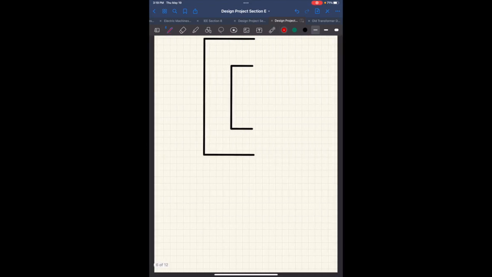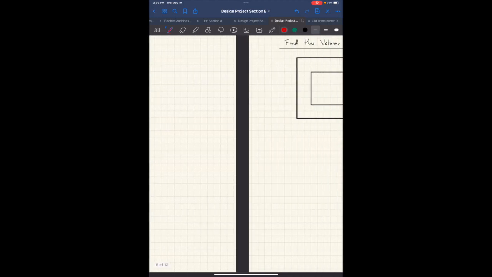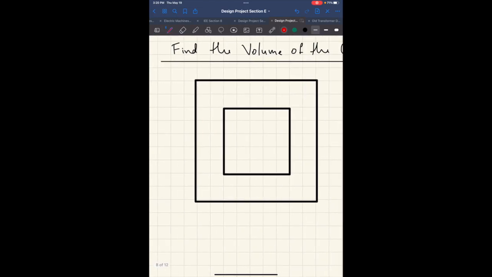All right. So basically, the transformer core is going to look like this, where essentially you're going to wrap the turns like this. This is going to be, let's say, your primary winding, and you're literally going to wrap the secondary winding right on top of it. We're not going to do it the way that we teach it.